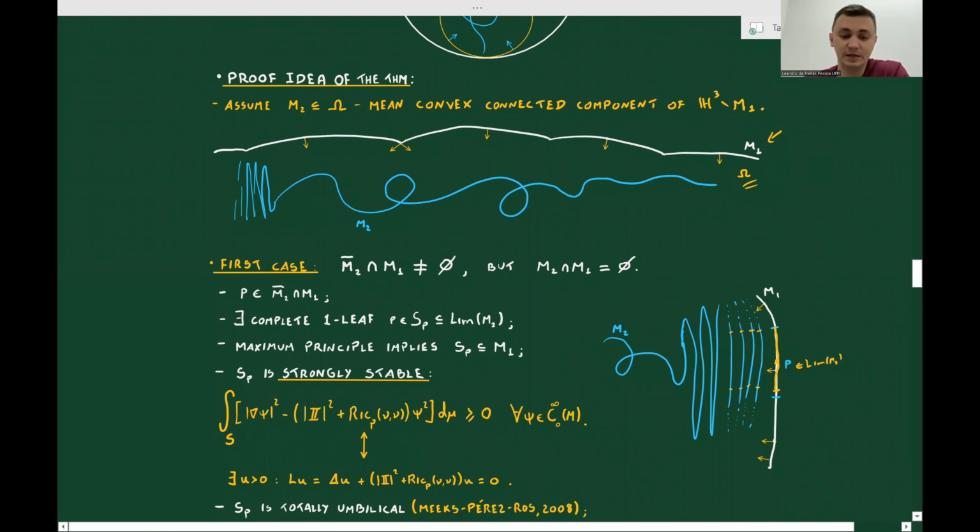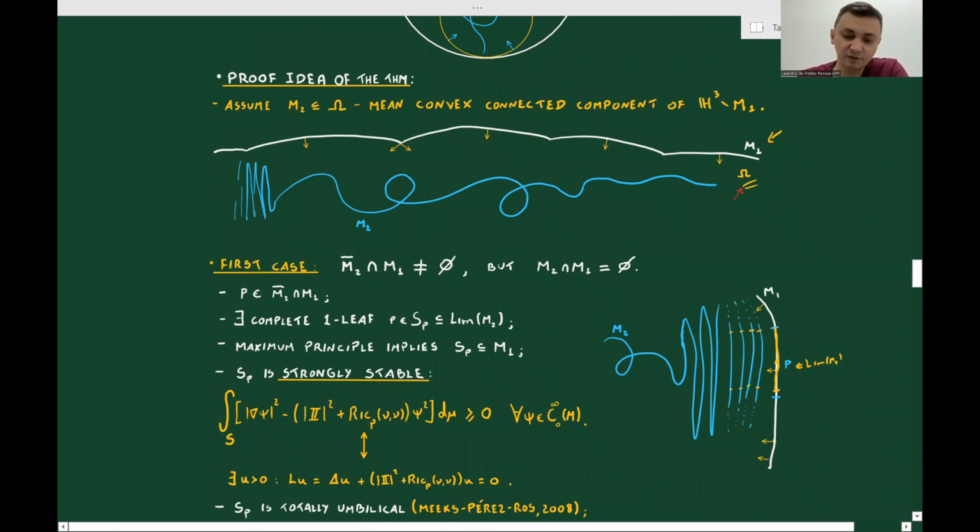First of all, I will consider M2 inside some mean convex connected component of the complement of M1. So the proof will be by contradiction. We assume M2 here in blue is in a mean convex component of the complement of M1, and I will denote this by omega.